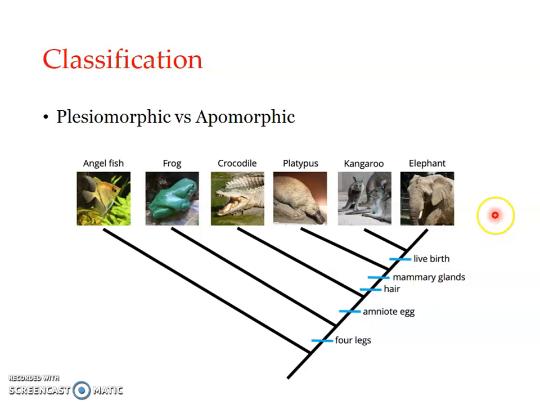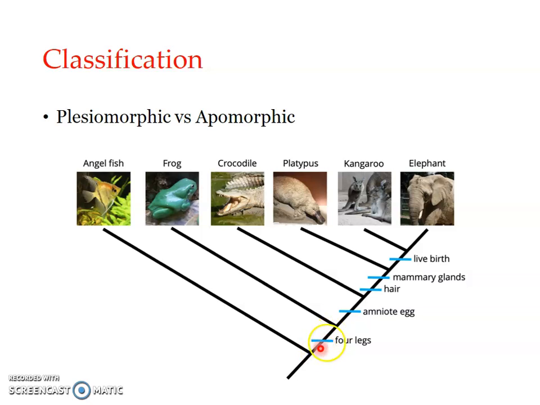For example, this is the evolution of vertebrates. There was an ancestor over here which had all the vertebrate characters, and this particular ancestor gave rise to an ancestral stock which had four legs, a tetrapod.